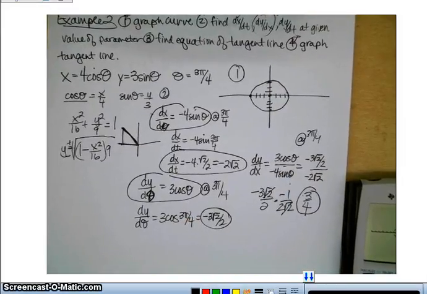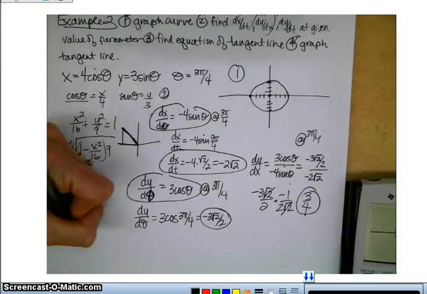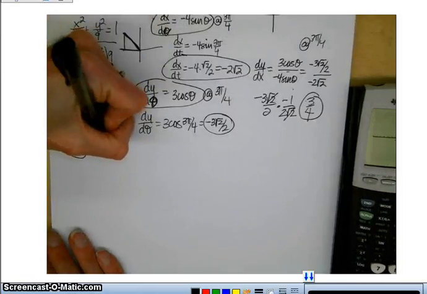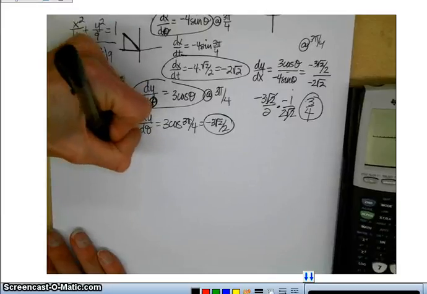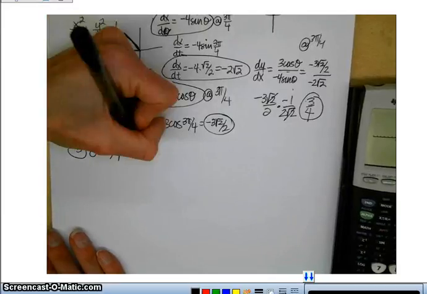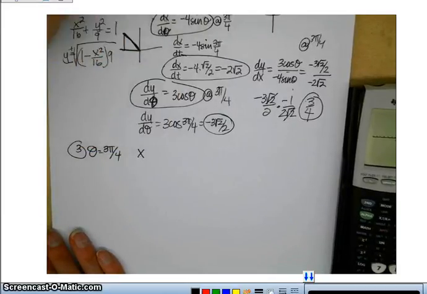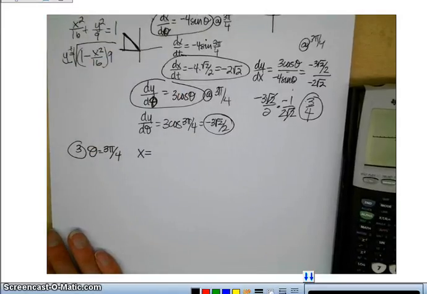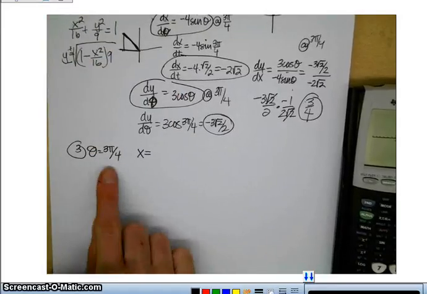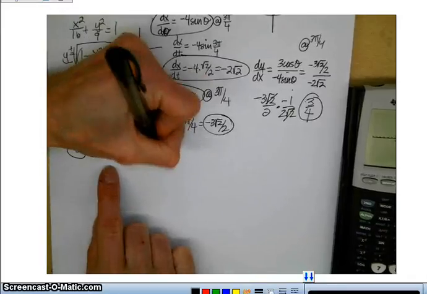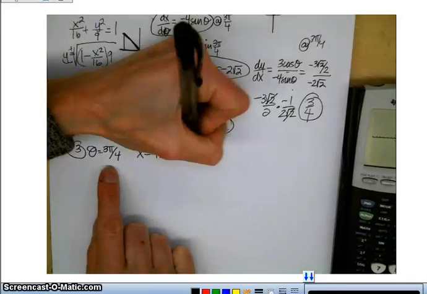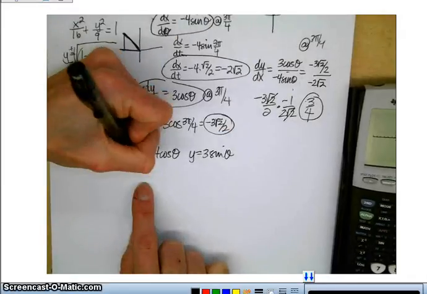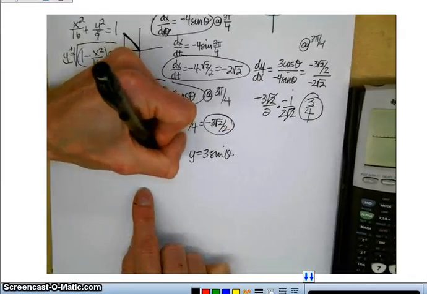Okay, that's step 2. Step 3, find the equation of the tangent line. Now a tangent line at the point when theta is 3 pi over 4, I know that the x value is, and the y value is. So when theta is 3 pi over 4 on my function, then x is 4 times the cosine of 3 pi over 4.